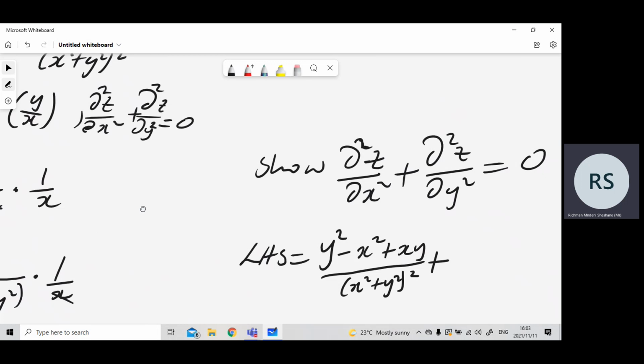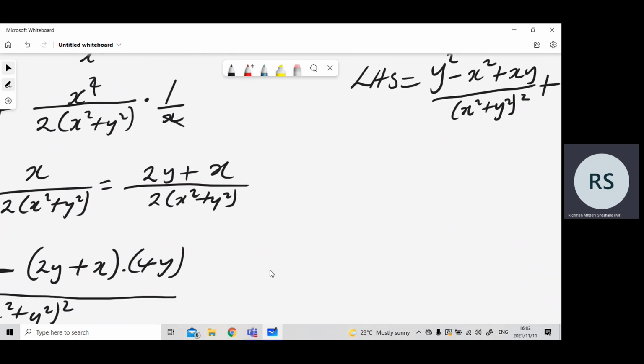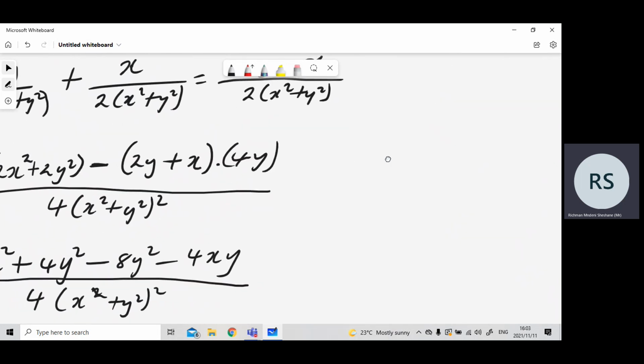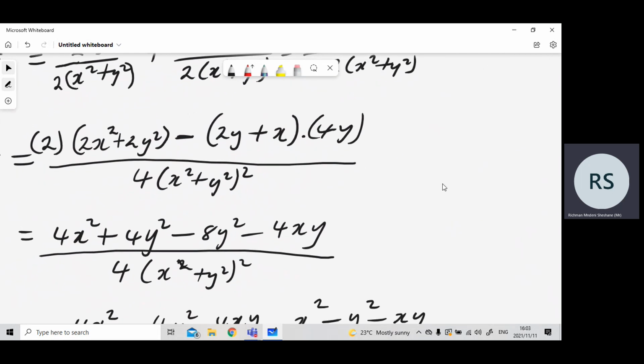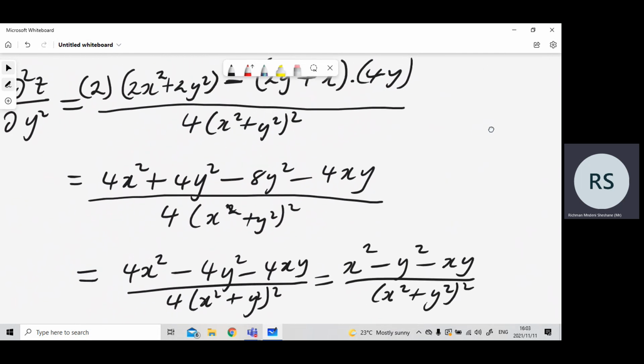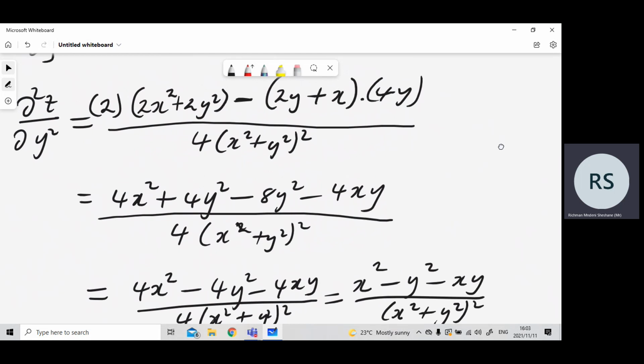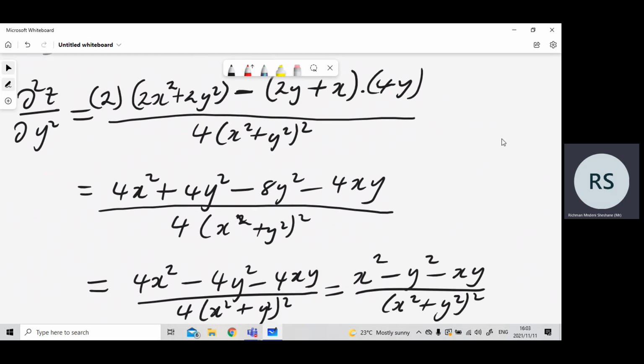We find it like in any. Let's see, this was our second partial derivative with respect to y. We found it here, and then we even simplified. This is our second partial derivative with respect to y.